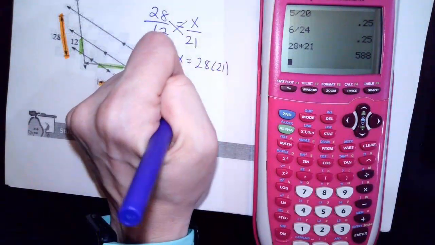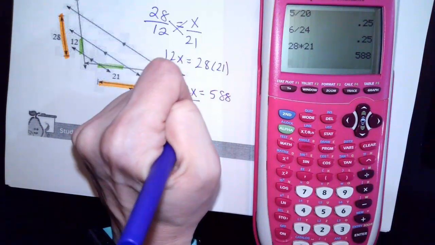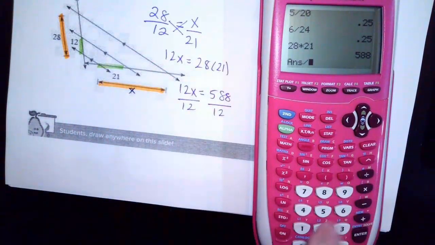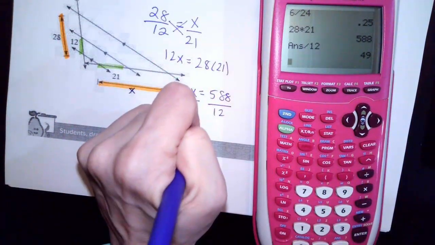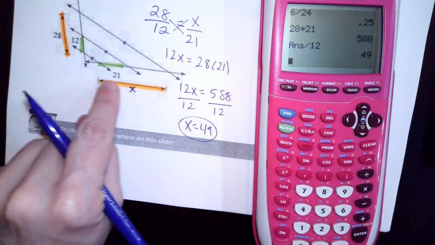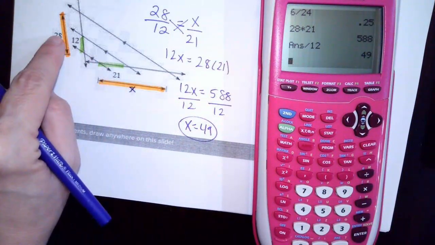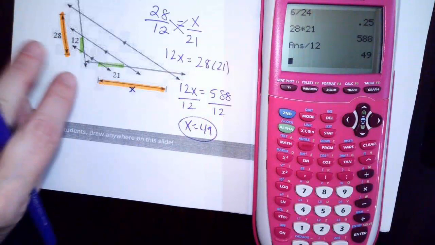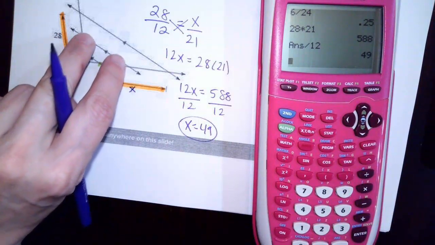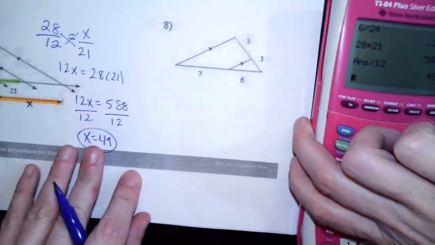So that's 588. Divide by 12. And I get x equals 49. So again, since I was looking for the whole thing here, and I had the whole thing here, the x and the 28 correspond to each other, and the 12 and the 21 are in between the same 2 parallel lines. So that's why the 12 and the 21 correspond.